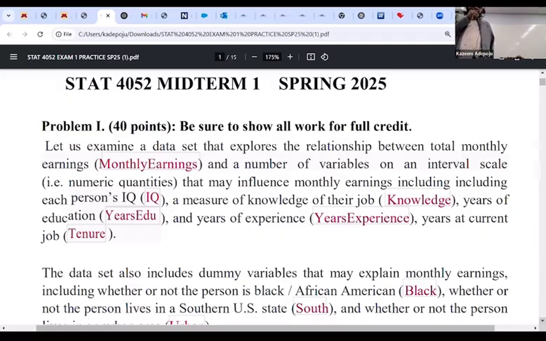But before I go into my review, I need you to review what you've done in multiple linear regression. How do you test hypothesis about an individual predictor?